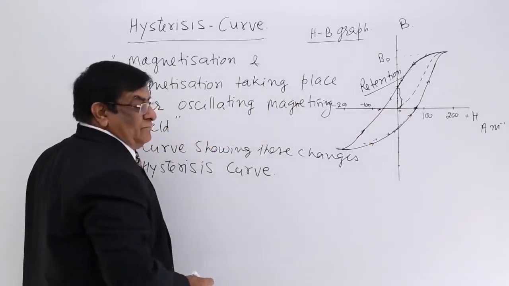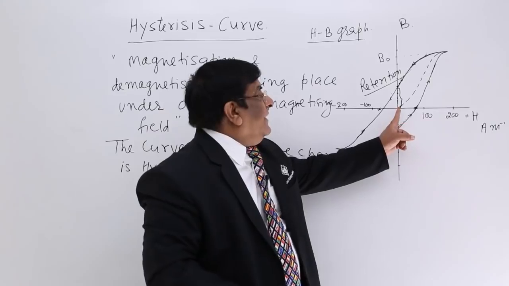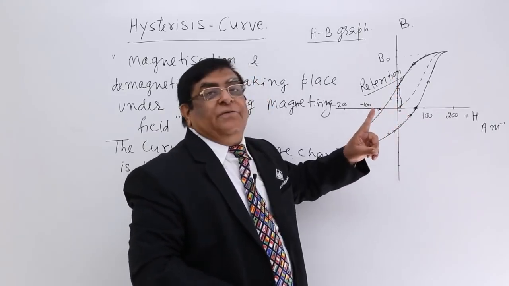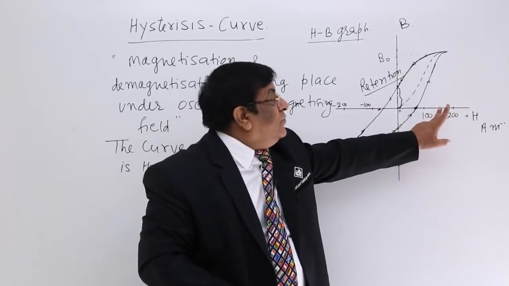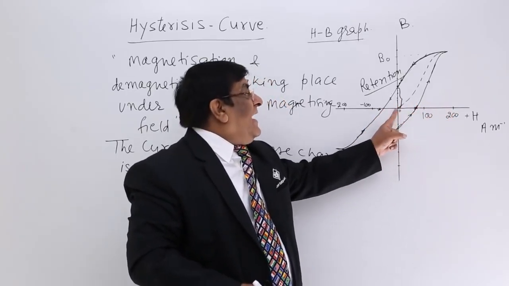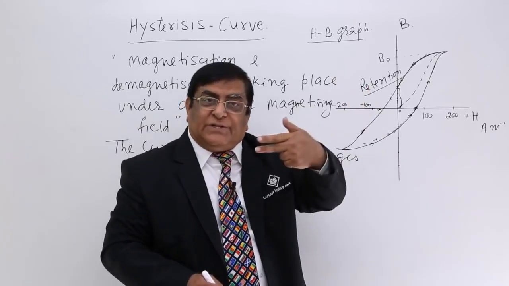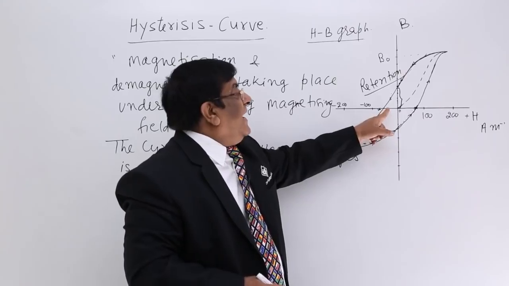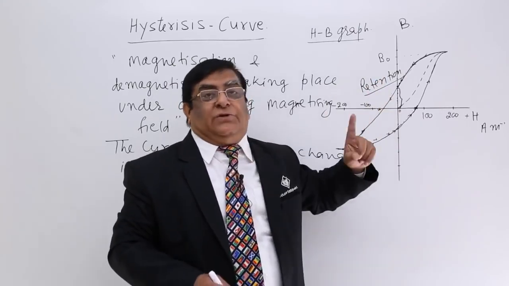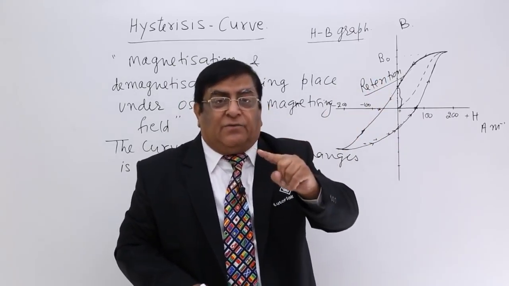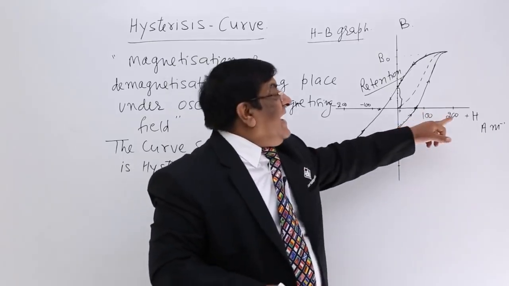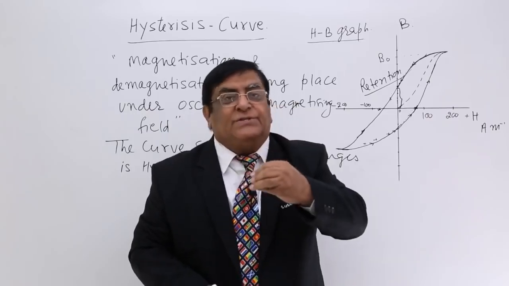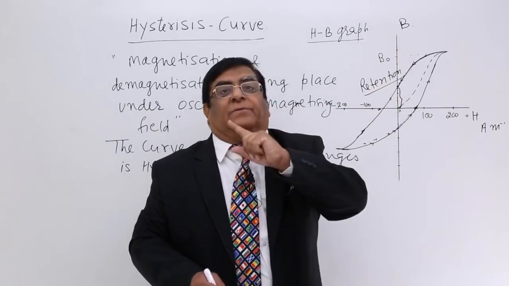So now there is another thing. This retention, we want to make it 0. What do we have to do? We have to change the direction of H, make it in the opposite negative direction, and when it comes to this value of H, then B becomes 0. So we say that this negative H has coerced, has forced the magnetic field to become 0.